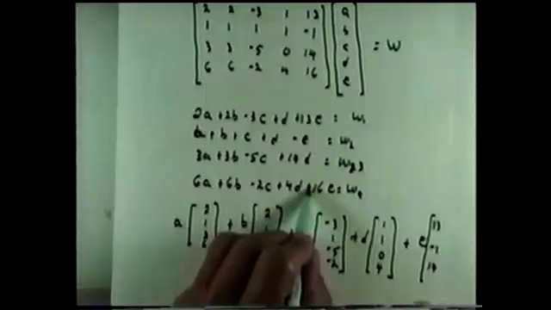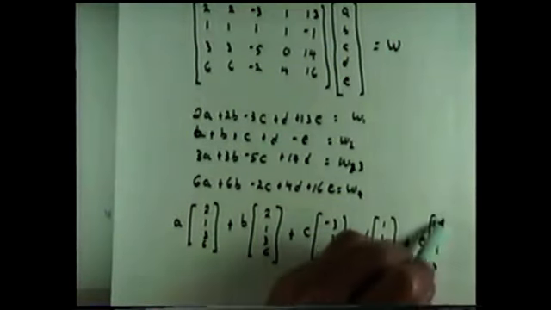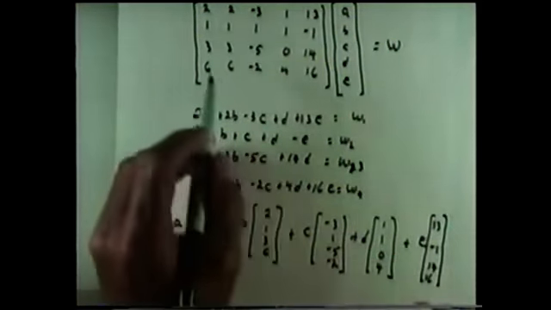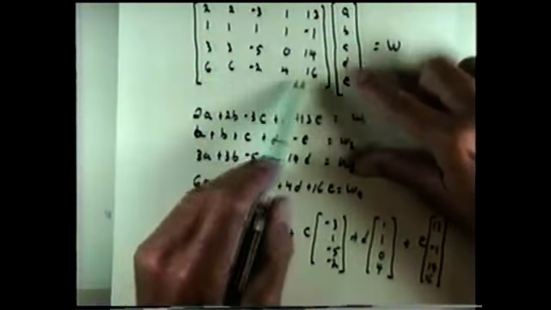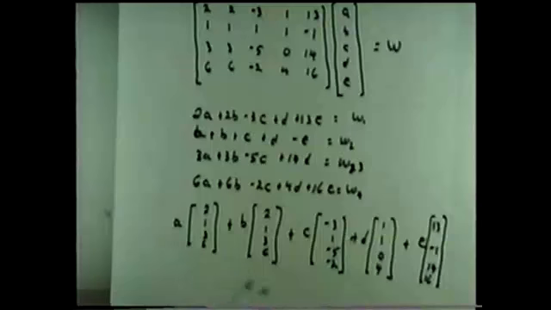It should be plus 16, because we are coming across 6A, 6B, -2C plus 4D plus 16E is equal to the W vector.